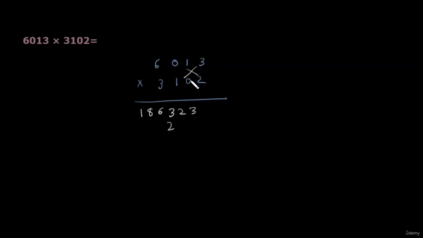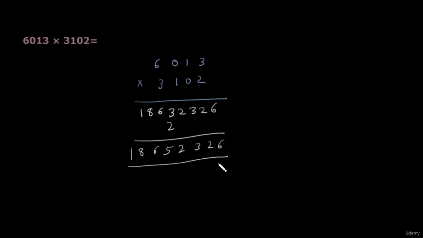So 2 plus 0, 2. 3 times 2 is 6. So this is the answer.